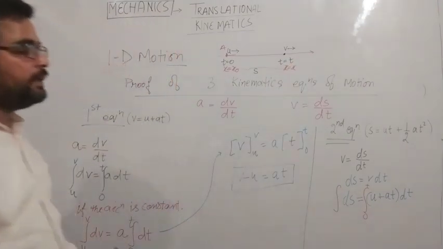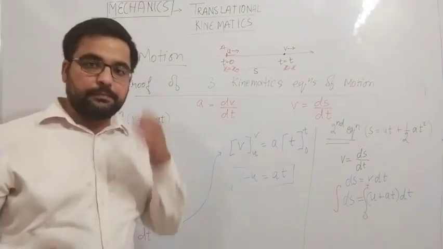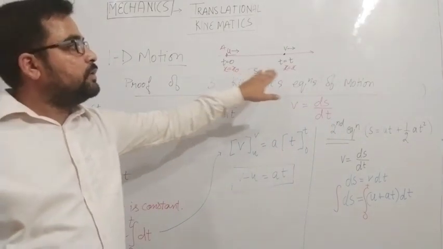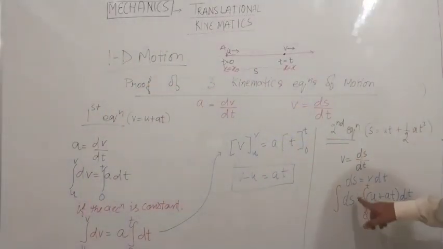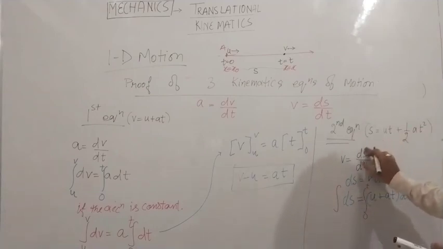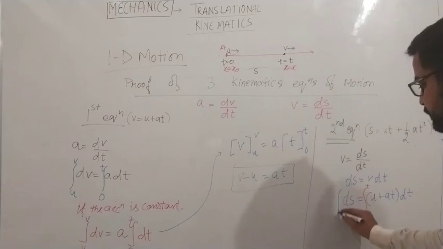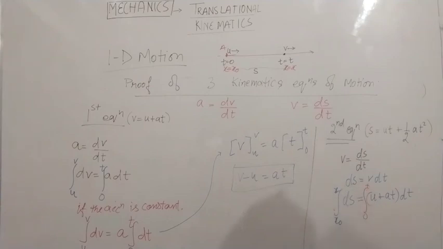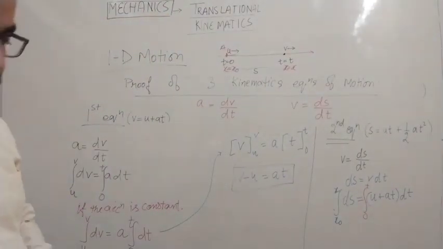I am taking the x-axis as the path of travel, and my starting position is x naught and final position is x. So actually we know that ds is the change in the position vector. Right now I am not taking the vector sign here. I have explained why. So this is x naught to x.